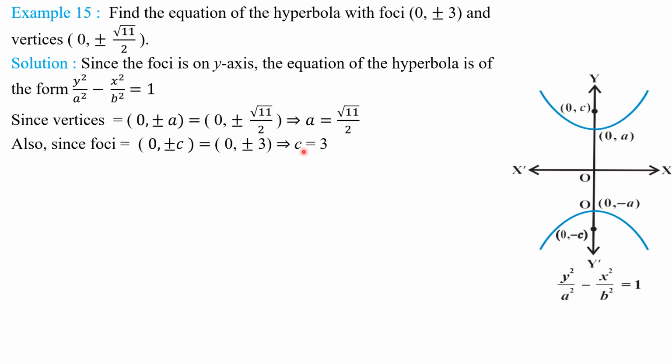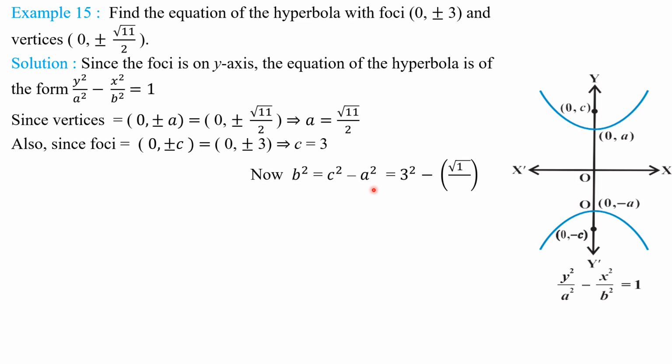Do you remember the relation between a, b and c of a hyperbola, my children? b square is equal to c square minus a square. This is the relation between a, b, c of a hyperbola.